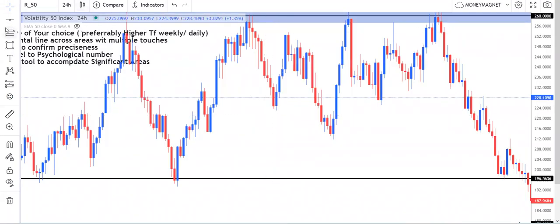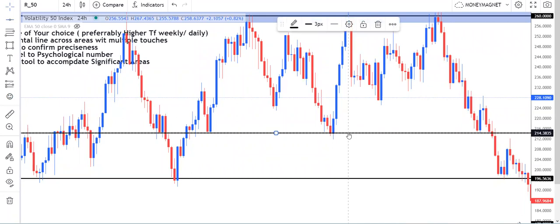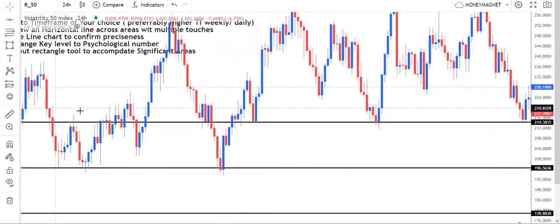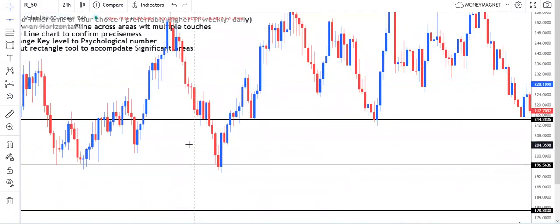And then we would have ourselves, yeah, this level looks good. You can see we had the touch right here and the bounce off. We had the touch right here, and the touch right here. And previously, looking at this level, you can see lots of projections and touches at that level.